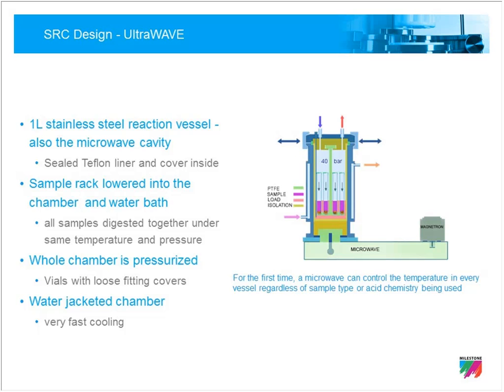The other key concept of SRC technology in the ultrawave is that before the start of the run, the whole chamber is pressurized with nitrogen. What this does is immediately raise the boiling point of all the reagents inside of the chamber. It eliminates crossover contamination, but it also allows us to use very simple vials with loose fitting covers.